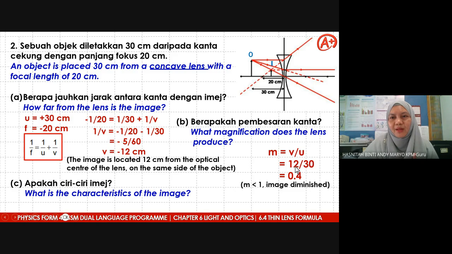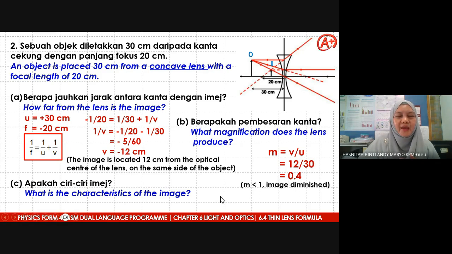So 12, the image distance, divided by U, the object distance, 30. You will find 0.4. M equals 0.4. Remember, M is now less than 1. So less than 1, we understand the image is diminished, meaning the size of the image is smaller than the size of the object.